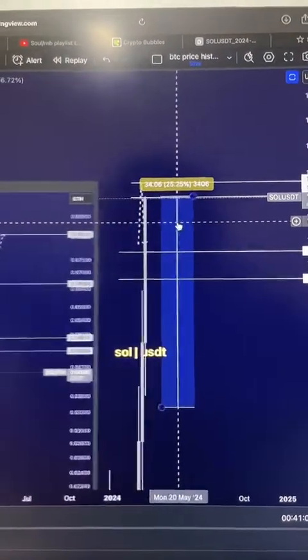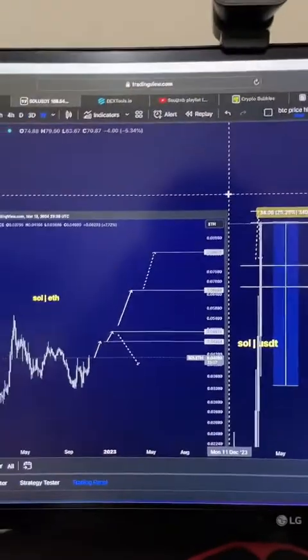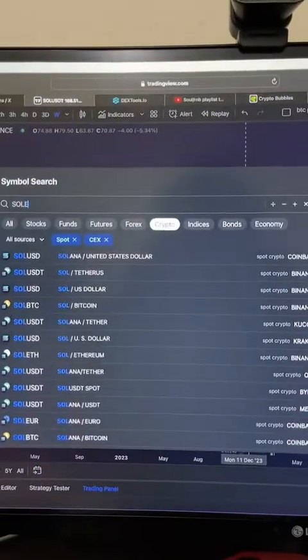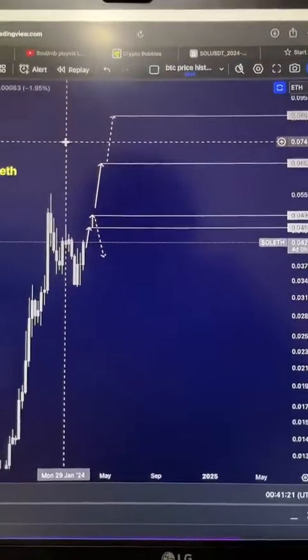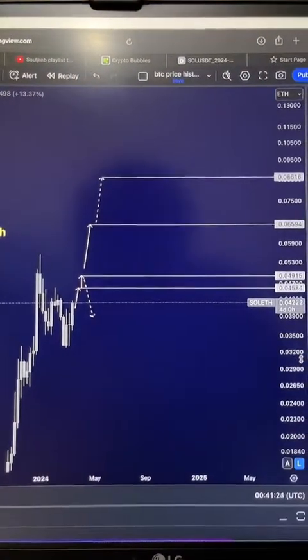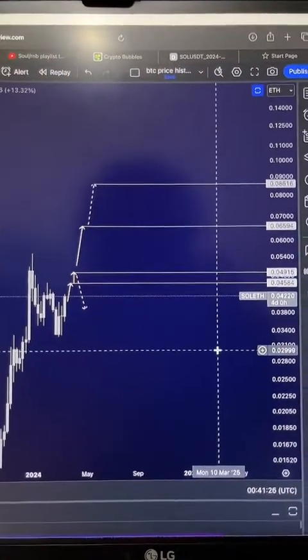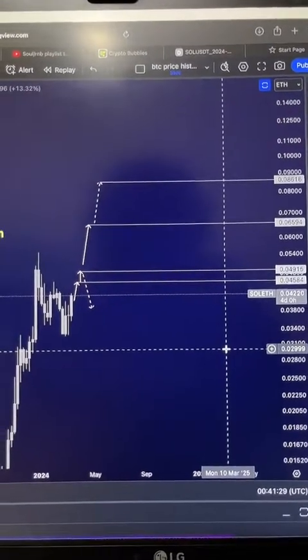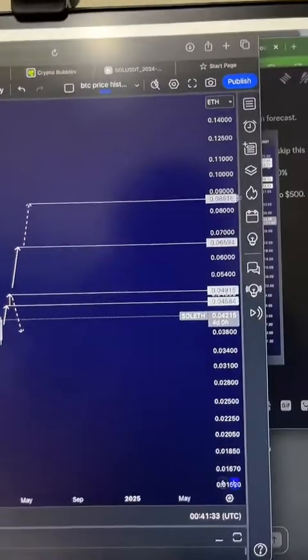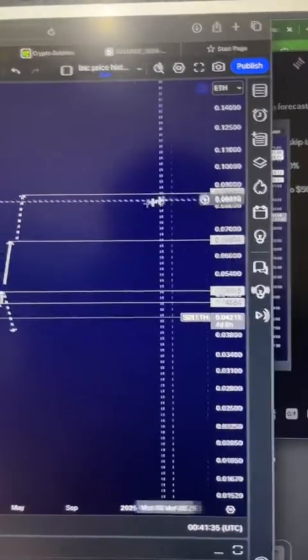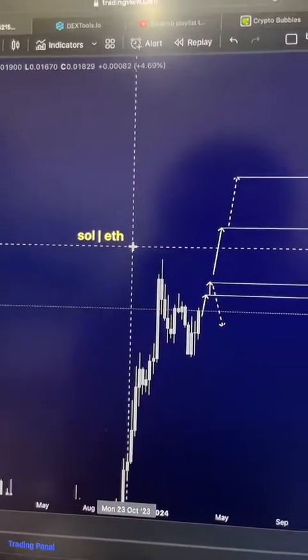No. The issue is that the Solana to ETH chart is saying a completely different story. You see, when I was talking about Sol going to 154 to 159 from 134, my idea was that Sol is also going to go as high as this zone right here on the Sol to ETH pair.